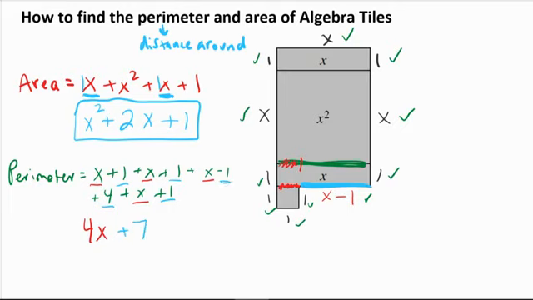And then I have the negative 1 hanging out over here. Okay. So what's 7 minus 1? Well, that's 6. So my final perimeter would be 4x plus 6. So even though this was a negative 1, we're still going to combine it just like we would the other units. Okay, so reminder, area is the name of the tiles, and then perimeter is going to be the distance around the outside.